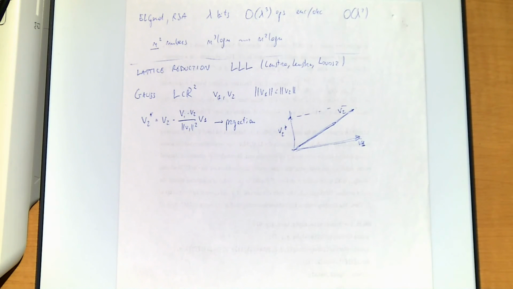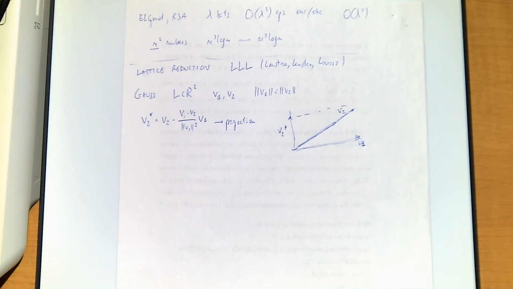Of course, in this case we're kind of cheating, because V2 star is probably not likely to be in the lattice. To be in the lattice it would have to have integer coordinates, so we're only allowed to subtract integer multiples of V1.